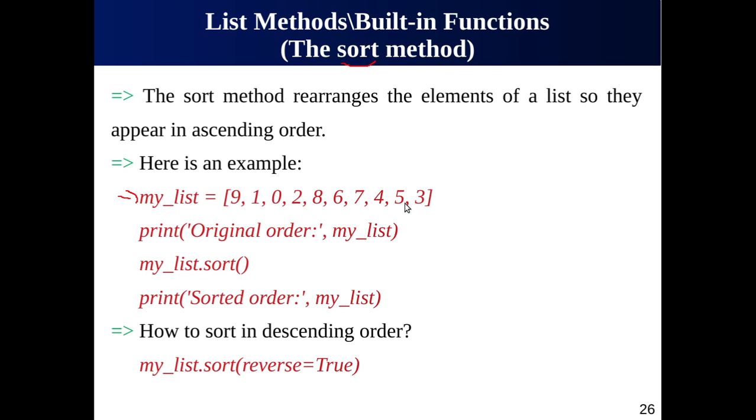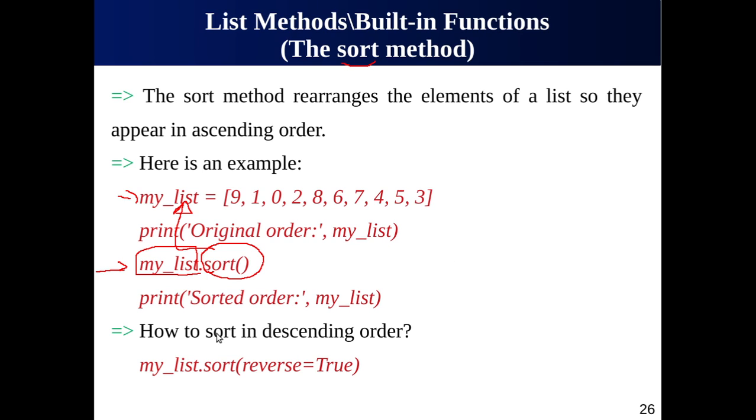You want to convert it into ascending order like 0, 1, 2, 3, 4, 5, 6, 7, 8, and then 9. For that, you have to use the method that is sort. I want to apply this sorting function over the list, my list. Okay, so this sort will be applied on this list. It will sort these items in ascending order.